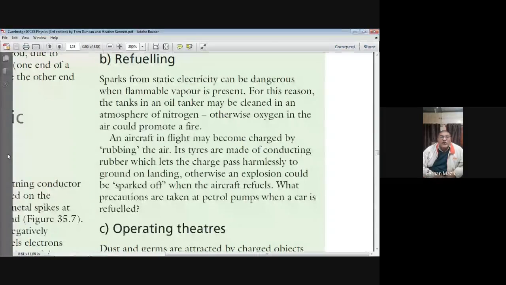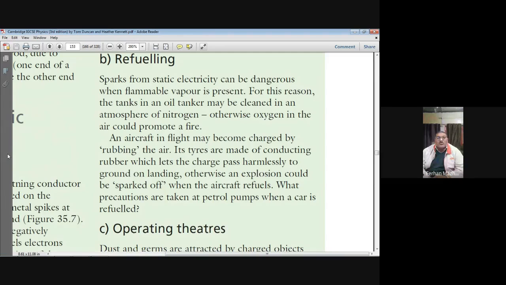It is important to connect the body of that aeroplane with an earth wire, so that if the aeroplane's body is charged, it can be neutralized. For this purpose, you see the tires of the aeroplane are mostly made of a kind of rubber which can conduct electricity.